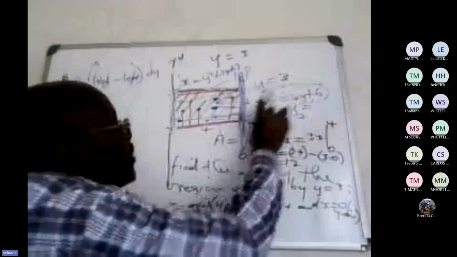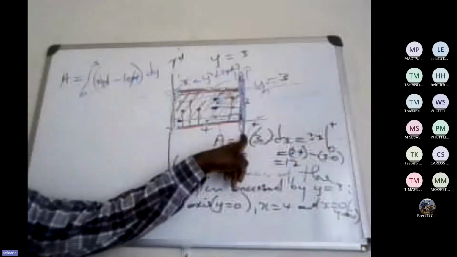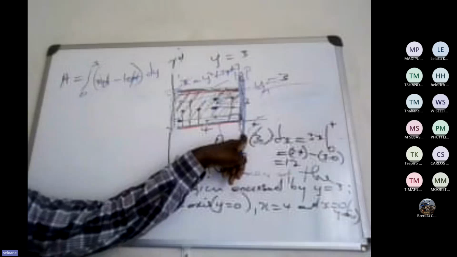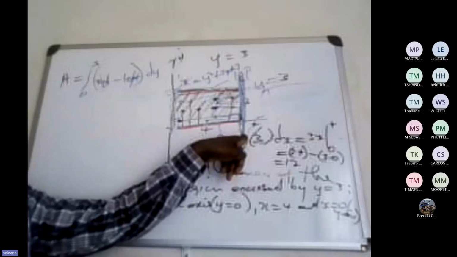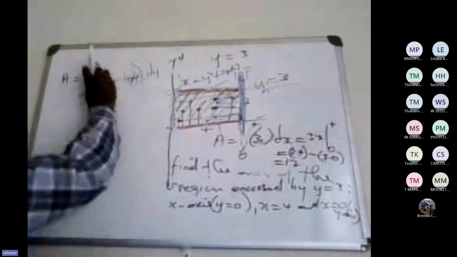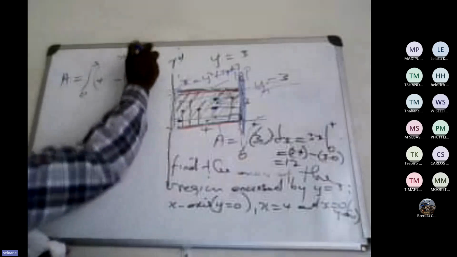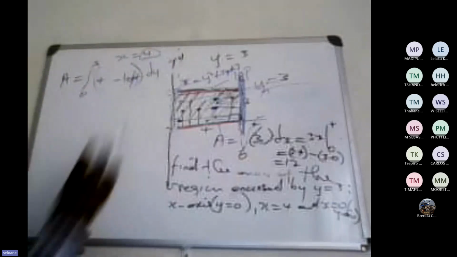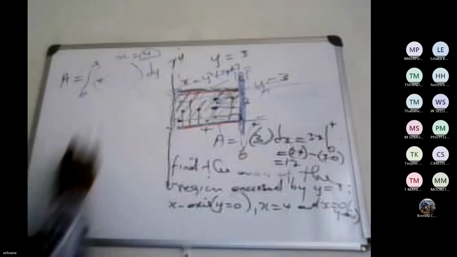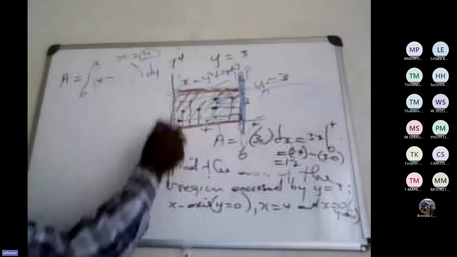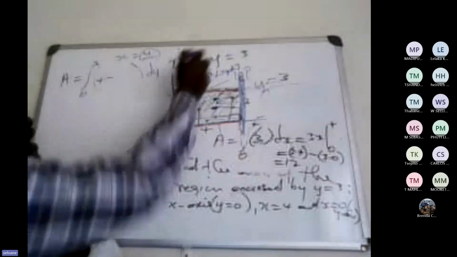So now here we know this. What is this line? It is x equal to 4. Therefore, the right side will be 4 because it's x equal to 4. Then you write 4 minus, what about the left side? This is x equal to 0.